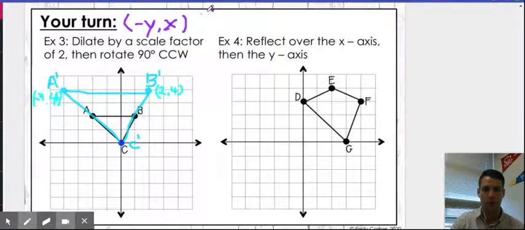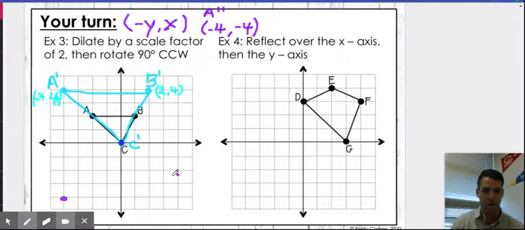So A double prime, we're going to record up here, would end up being, we take -4, 4. Well, the 4 in the y would be -4 in the front, because that 4 in the x is going to go to the back, and then be -4 again. So -4, -4, which is going to be down right here, is going to be our A double prime.